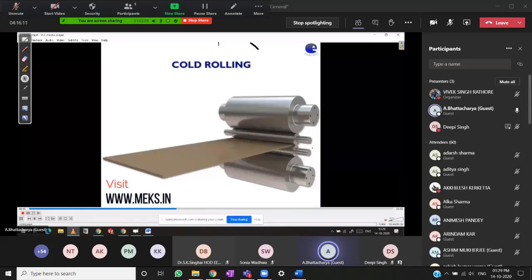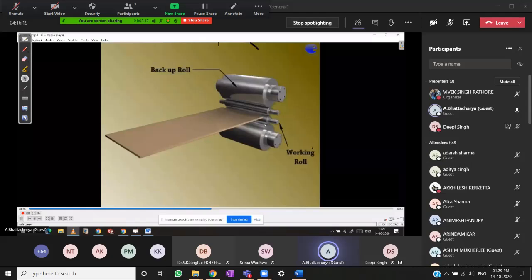This is hot rolling, and another is cold rolling, where the rolling process takes place in cold conditions, and this is how it is done. Here also the same thing happens.